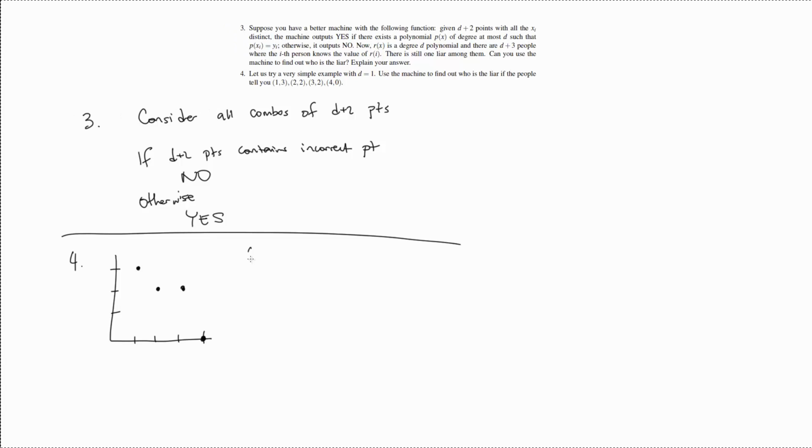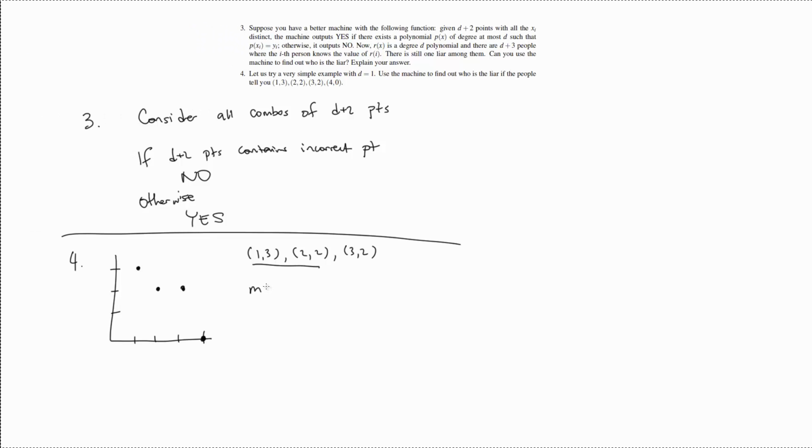So the first combination is (1, 3), (2, 2), and (3, 2). We interpolate using the first 2 points and then see if the third point lies on the interpolating line. So we can use the point slope formula for a line to figure out the interpolating polynomial.